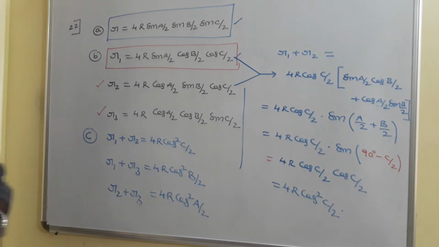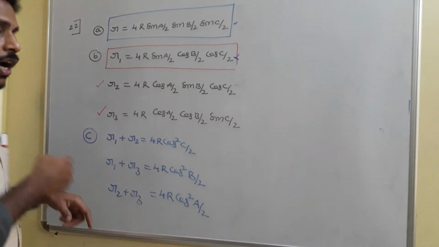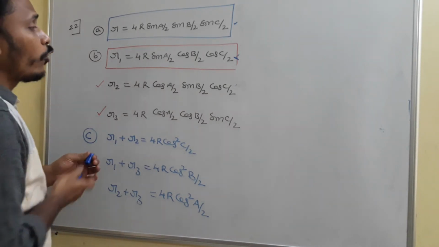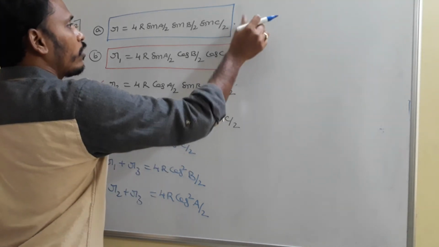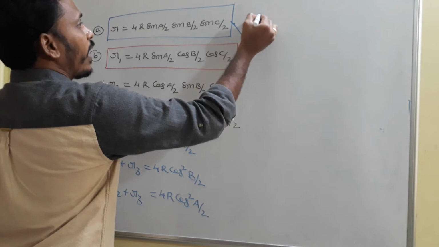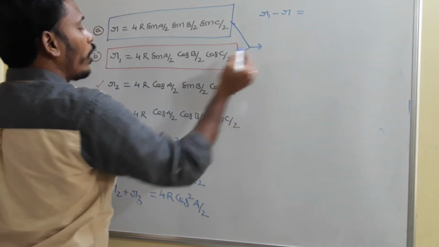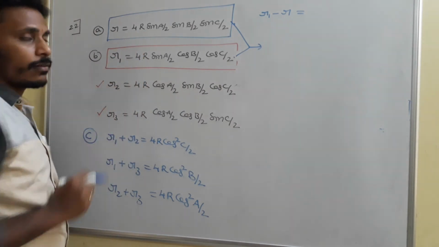Just have a look, and then I am going to give you one more trick. Here we just added r1, r2; r1, r3; r2, r3. The next step, you just think about the first two statements. From the first, I am going to subtract r1 minus r. I am going to subtract r from this r1.